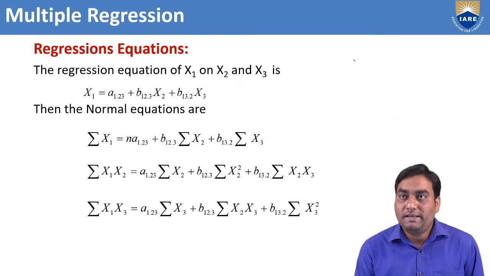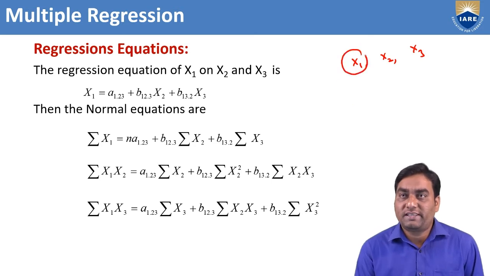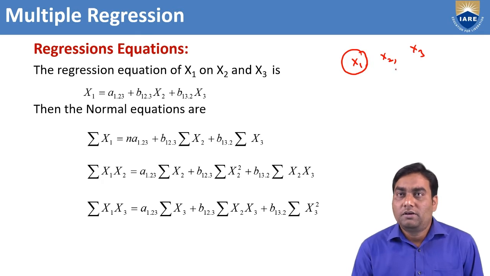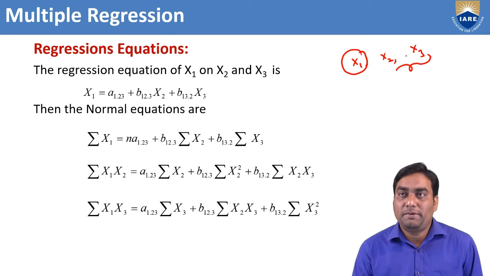For multiple regression, take three variables x1, x2, x3. I want to find the multiple regression equation of x1. That means x1 is the dependent variable on x2 and x3. That means these two are independent variables.